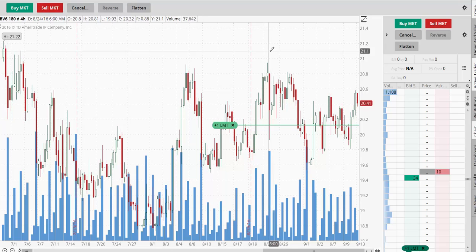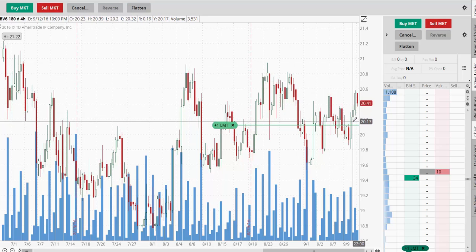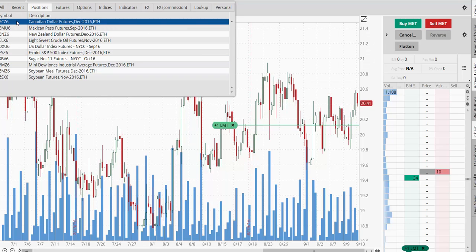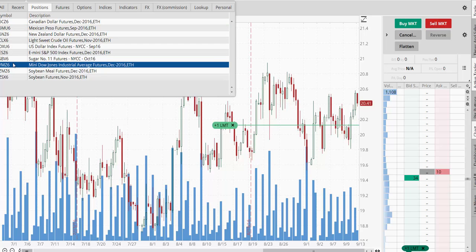If you use it in an unautomated fashion, you may miss trades. For example, the other day I looked at this several times, but for whatever reason I didn't take it. And so now if it comes back down in this area here, I may change my mind. Let's see another one.